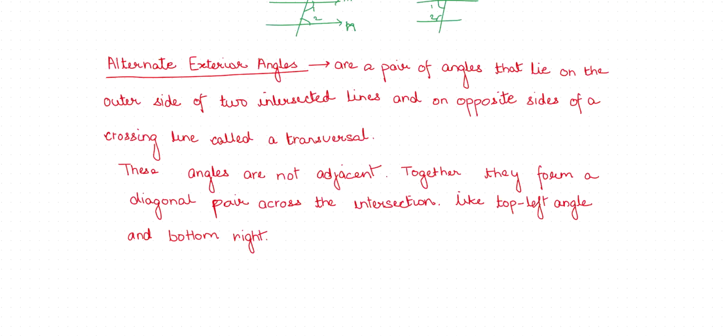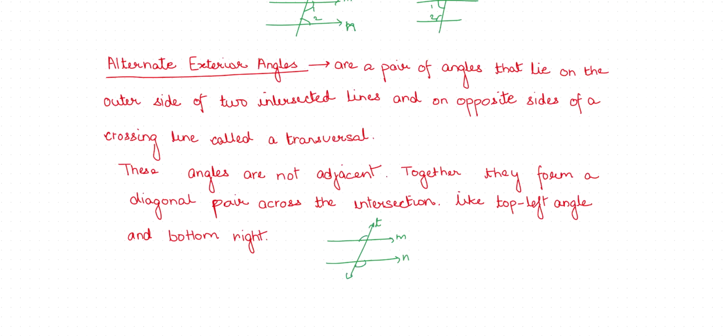So alternate exterior angles are a pair of angles that lie on the outer side of two intersected lines. Like, these are the two lines, and this is a transversal, which is intersecting line M and N. So they lie on the outer side, like this and this, and on the opposite sides of the crossing lines.